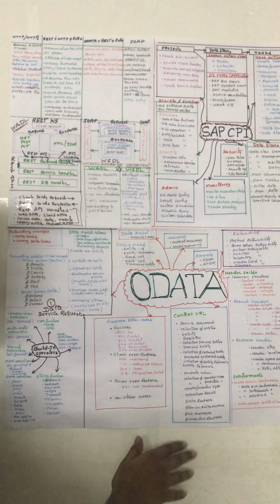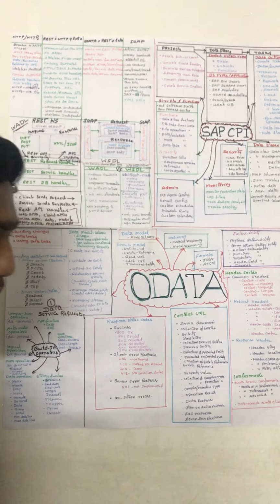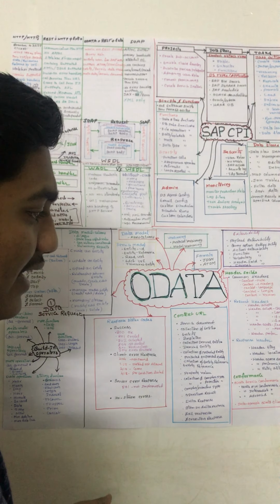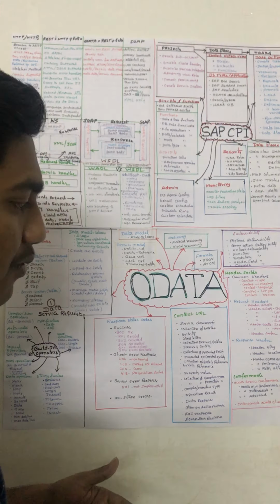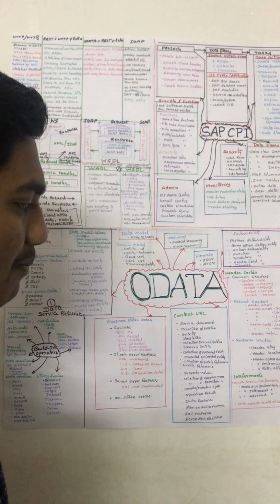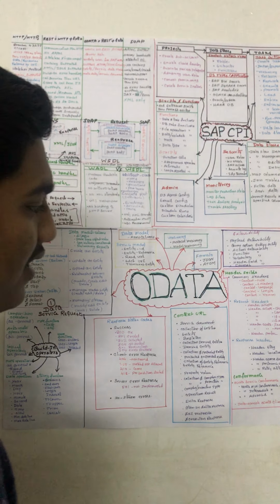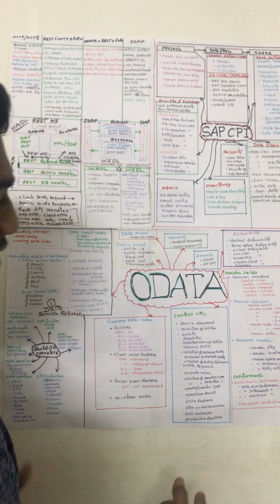These are some request header fields. And if you come to response headers, we have header etag, header location, header OData entity, header preference applied, header retry after. These are response headers.